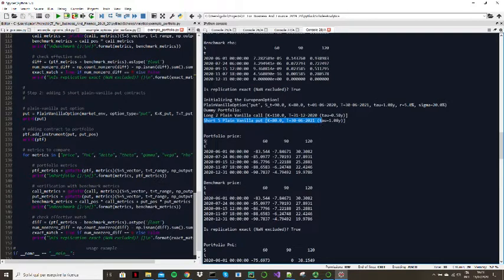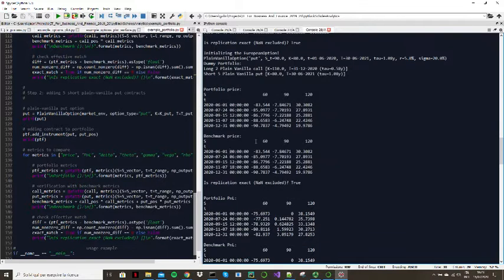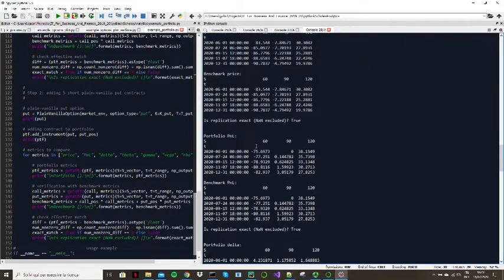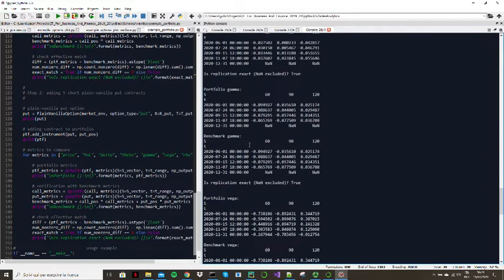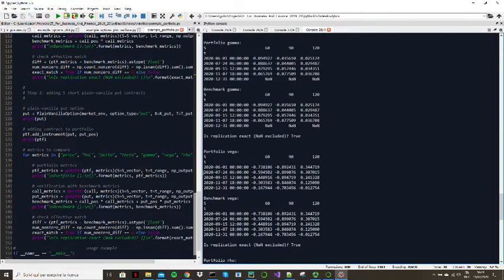This is the portfolio price for a combination of 3 underlying values and 5 valuation dates, and this is the price, so the benchmark, and this is exactly the benchmark portfolio P&L, delta, theta, gamma, and all the Greeks basically.